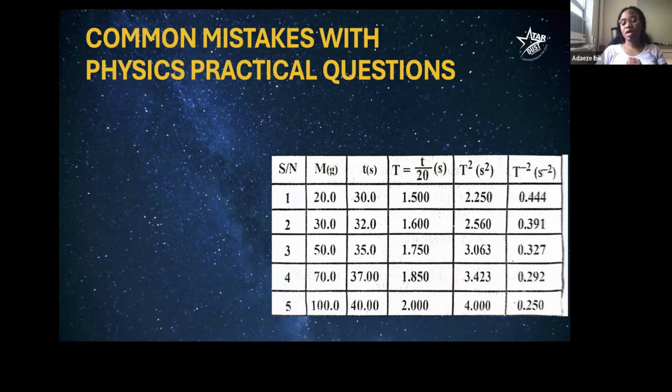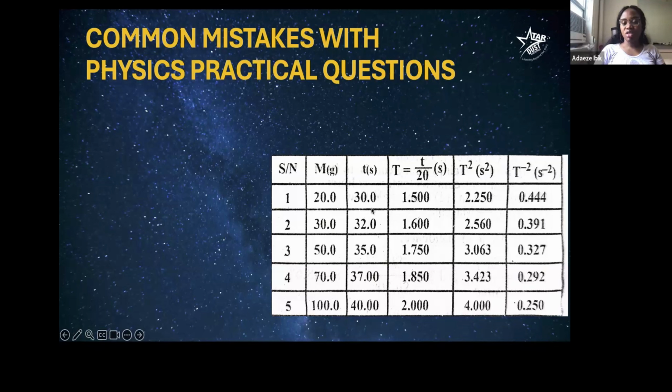You recorded your mass with the unit, you recorded the time of oscillation with the unit, and I also see the accurate decimal places given for the mass.